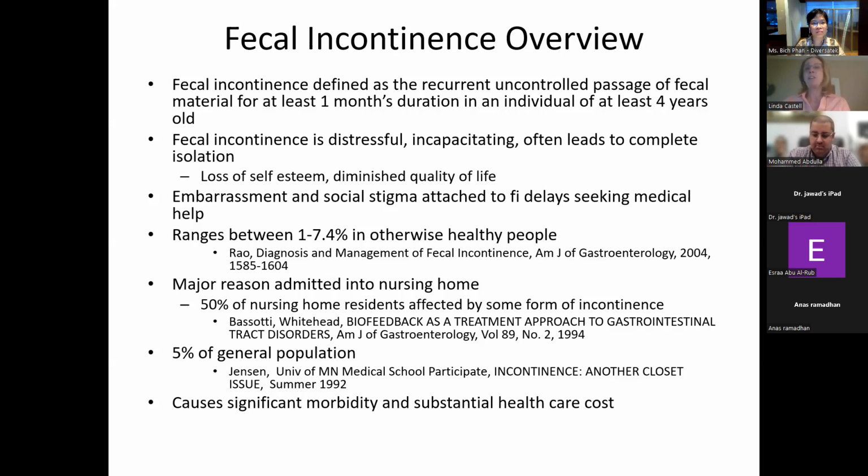And it's very hard to get some actual numbers on how many people have fecal incontinence because of this lack of disclosure. But in the United States, we believe about 1 to 7.4% of healthy individuals have fecal incontinence. And we estimate about 50% of nursing home residents are affected by incontinence, and that's probably the #1 reason why their family members admitted them to a nursing home.